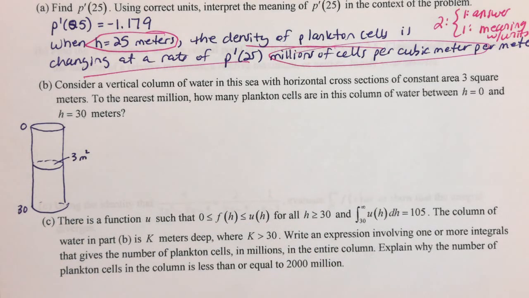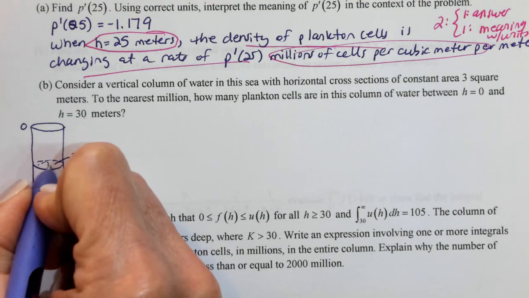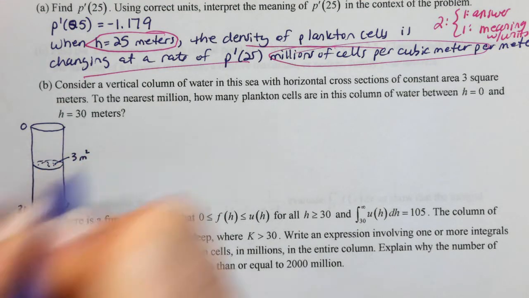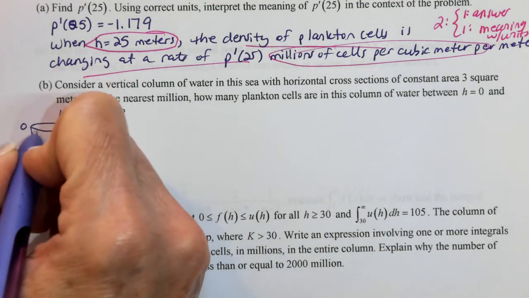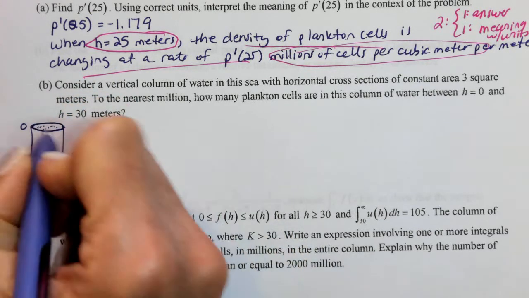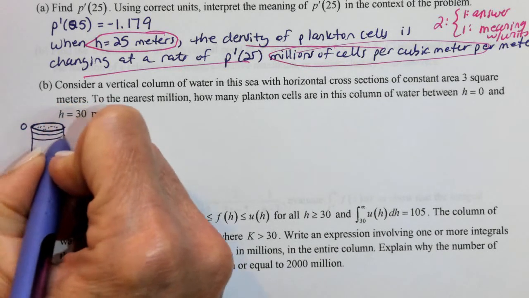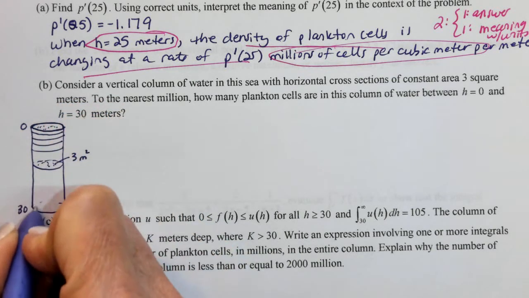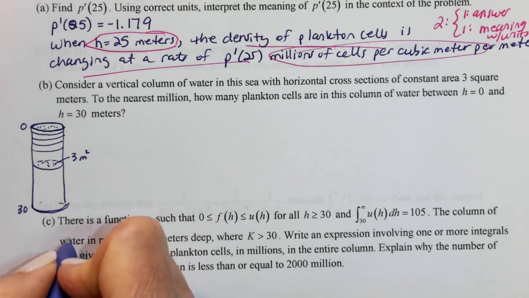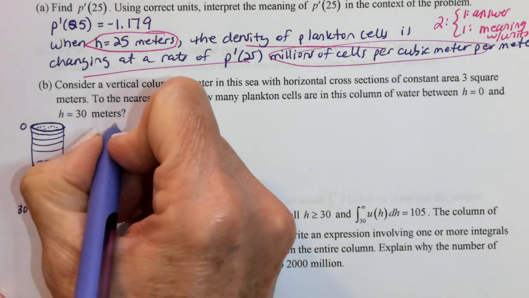So in my mind, I'm going to an integral because I know that in every cross section, we have plankton cells, right? So if I start at 0, get those plankton cells, add up the next slice, and the next slice, and the next slice, go all the way to 30. I should have all of the plankton cells then, right? So I'm thinking of an integral.